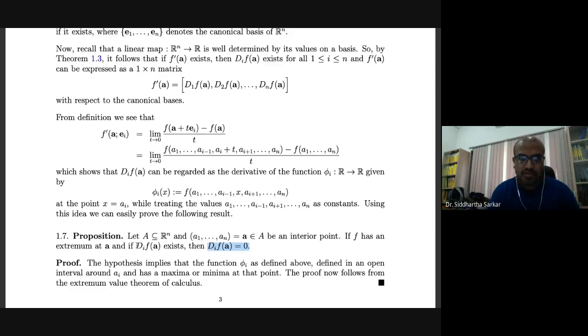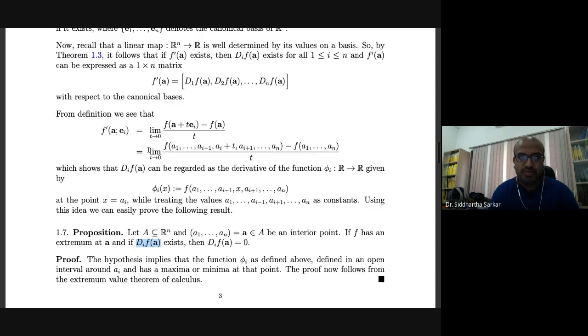So if I try to prove this vanishes, you basically try to prove that this limit vanishes, but this limit is actually a limit of a one variable function phi i(x). You are computing it keeping all the coordinates apart from the ith fixed, and only the ith coordinate varies.